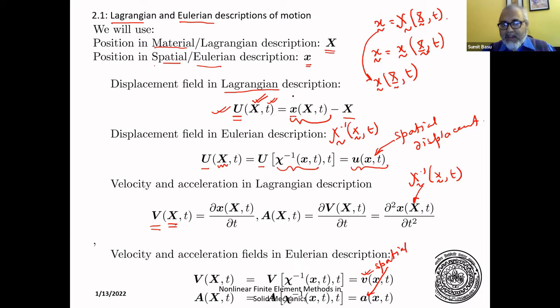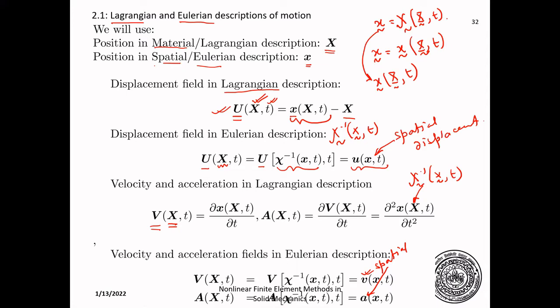So I could have written chi here. Chi of capital X, t would have meant the same because x is equal to chi of capital X, t. So I'll do this pretty often. When there's no chance of confusion, I will write x directly rather than going through this chi. Okay, sir.